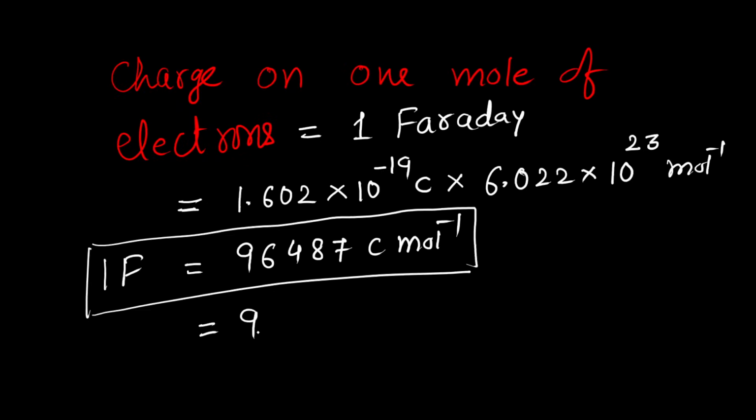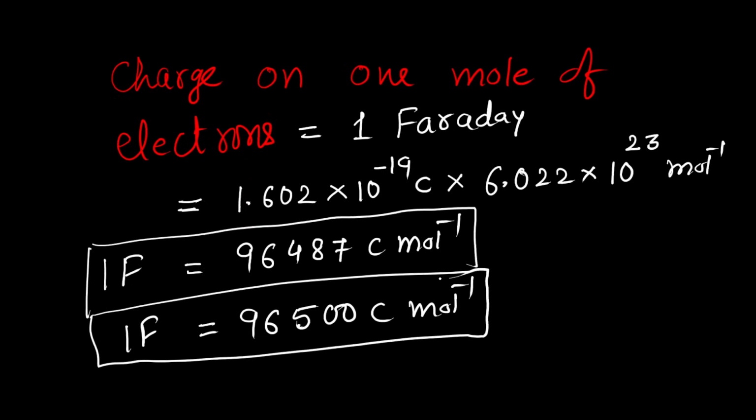To simplify the mathematical calculations, we approximately take it as 96500 coulomb per mole. That is the charge on 1 mole of electrons. Just note it down, it is very, very important.